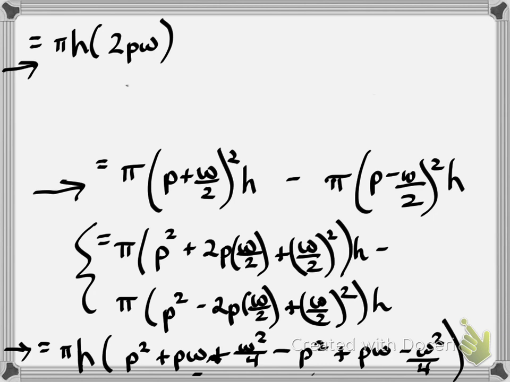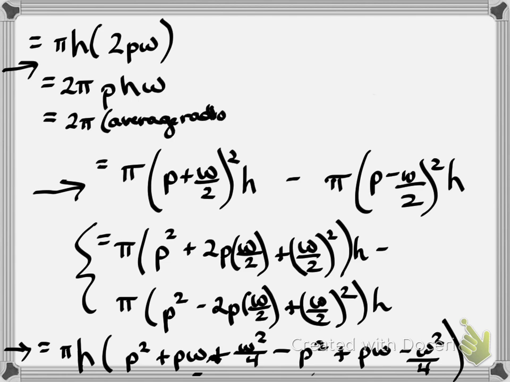And the book changes it to write it in the form of 2 pi P h W, just so I can be consistent. So it's 2 pi. P is our average radius. H is the height. And W is the thickness or the width.